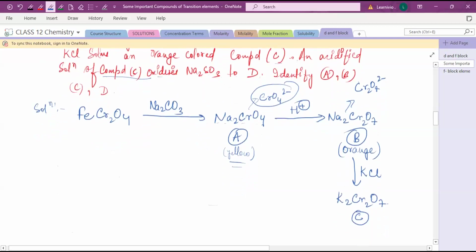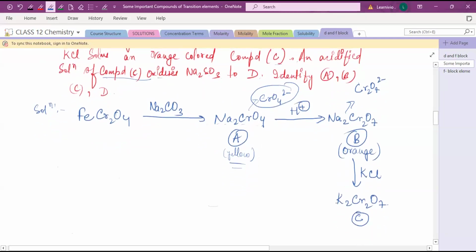An acidified solution of compound C means K2Cr2O7 acidified solution, when you add H plus ions, you can write H2SO4. So when you add H2SO4, it will become acidic potassium dichromate solution.